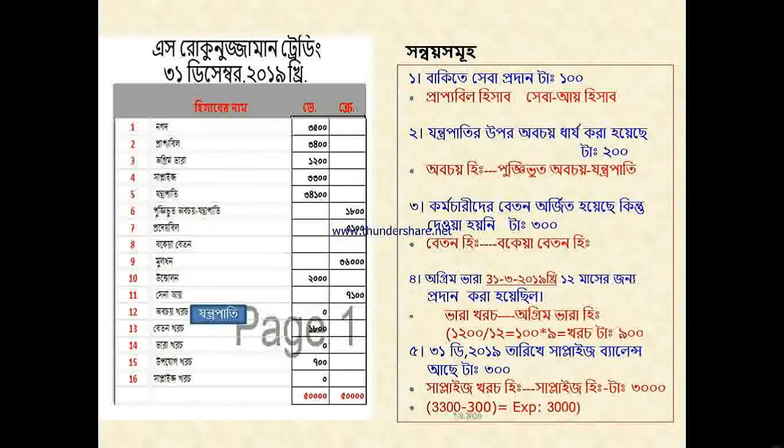Advance rent paid on 31st March 2019 for 12 months, expenses will be taka 900. And the supplies balance is taka 300, that means supplies expenses debit and supplies credit 3,000. So 100, 200, 300, 900 and 3,000. For these particular items, we have to calculate.